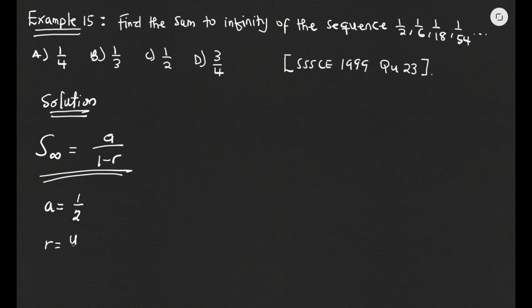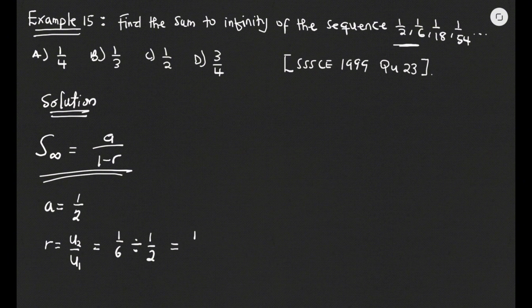So it will be U2 on U1, which in this case I'm deciding to use the first two terms. So my U2 will be 1 over 6, divided by U1, which will be 1 over 2, the first term.